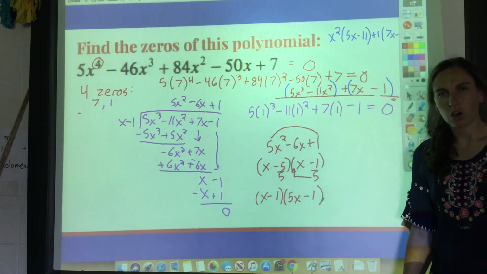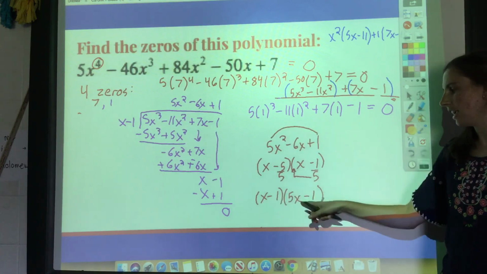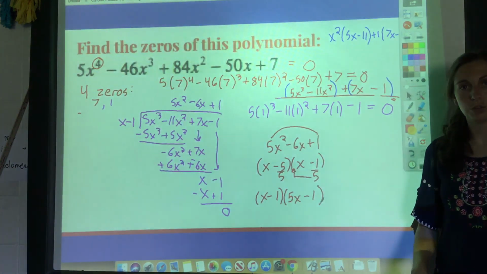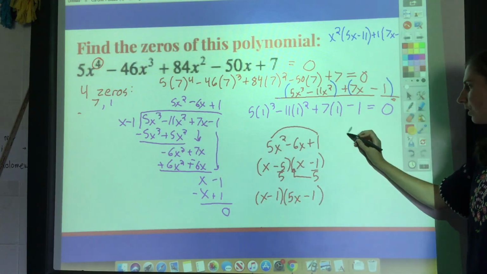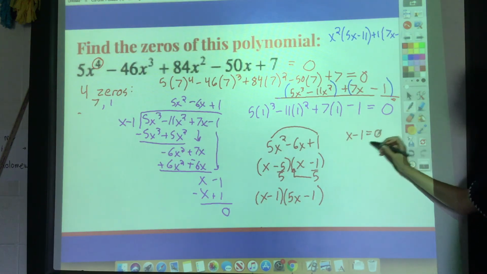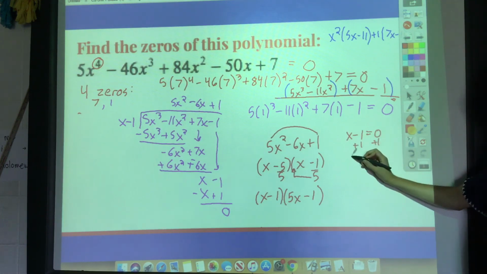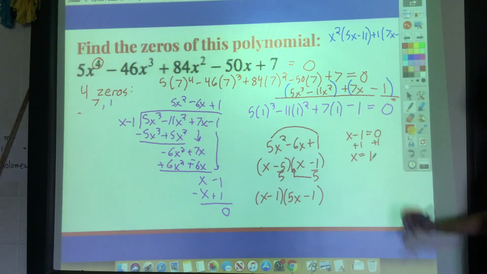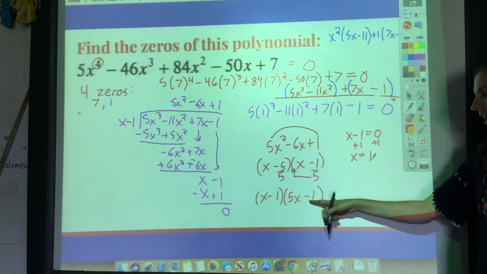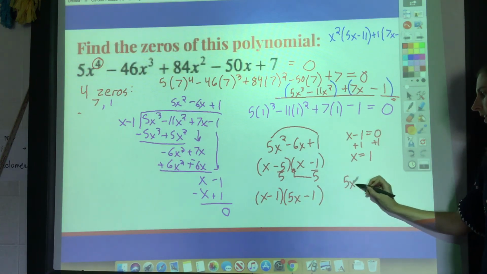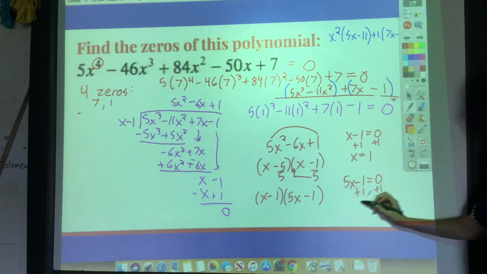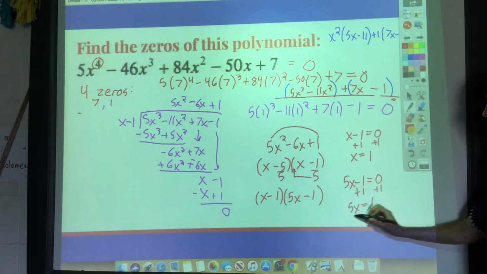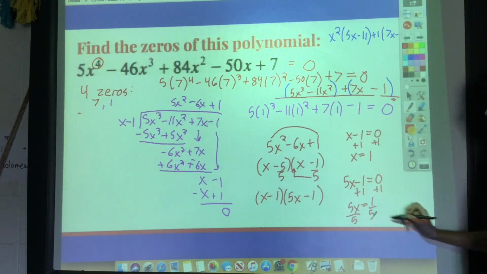Here's the good news, we're almost done. These are my last 2 solutions in factor form. To find the solutions, just set them equal to 0. x minus 1 equals 0, which will give me positive 1. And 5x minus 1 equals 0, which is going to give me 5x equals 1, divided by 5, so 1/5.